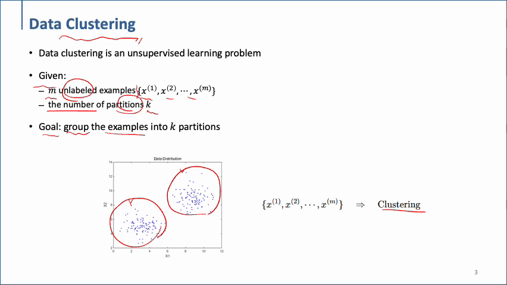So here we can make two clusters, the first cluster and the second cluster. For given m unlabeled examples, we find k partitions or k clusters.